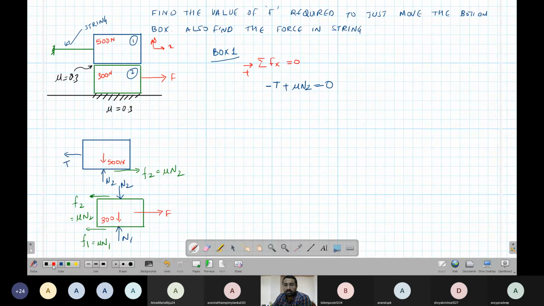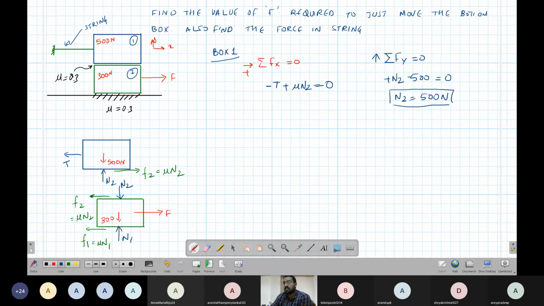Now the summation of forces in the y direction equal to 0, up positive. What is the upward force? N2, plus N2 minus 500 equal to 0. So that means N2 equals 500 Newton.